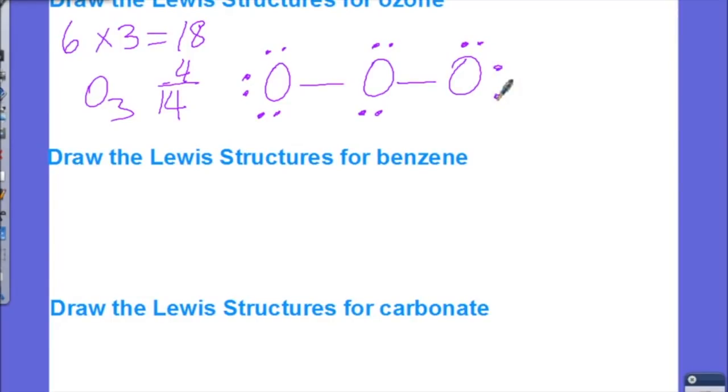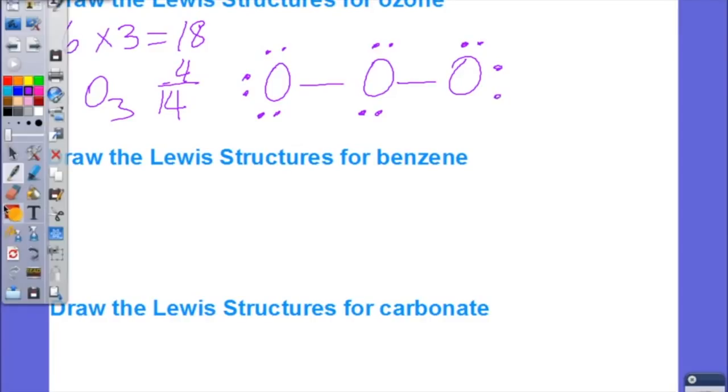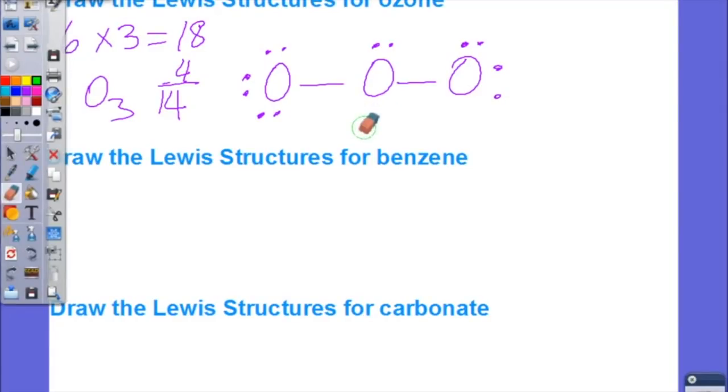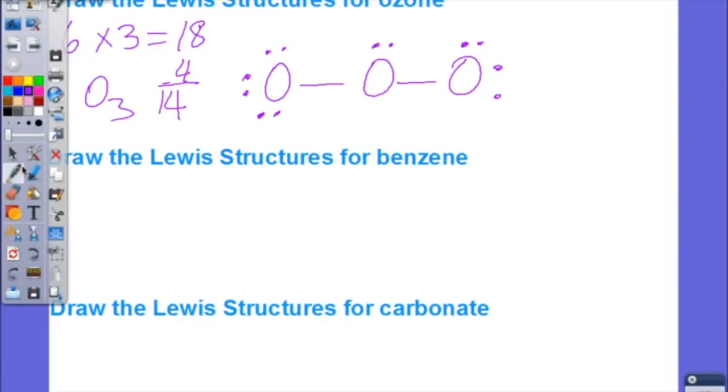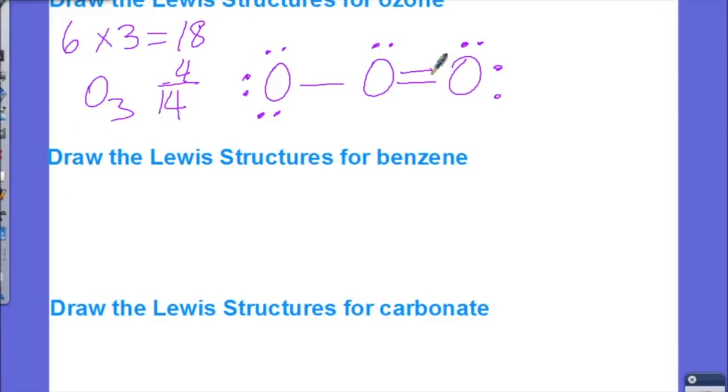Okay, I have one problem. This one is stable, this one is stable, this one is not. So I need to replace a pair of unshared by a pair of shared. So they are all stable now with 8.